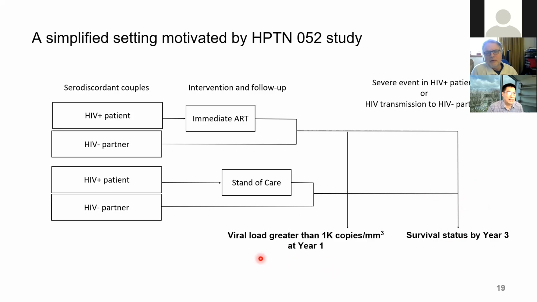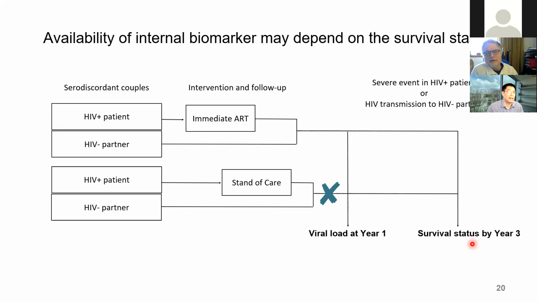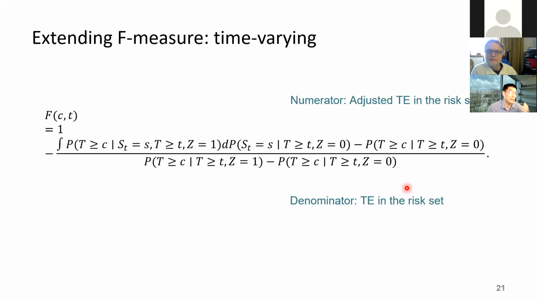So we look at viral load greater than 1K copies at year 1 as the surrogate marker, and we can assess, for example, survival status by year 3. We can also look at viral loads at year 1 and survival status, with the severe endpoint being events in the HIV positive partner and HIV transmission events happening to the HIV negative one.